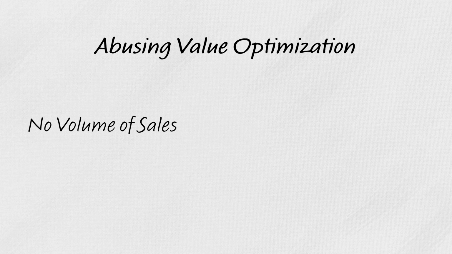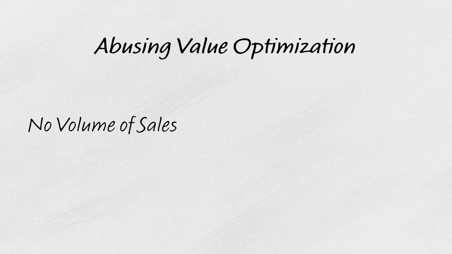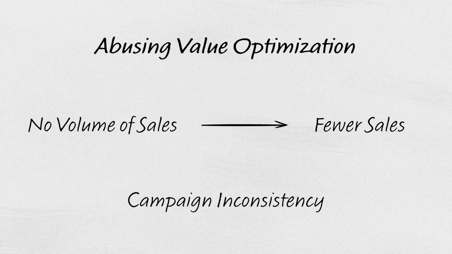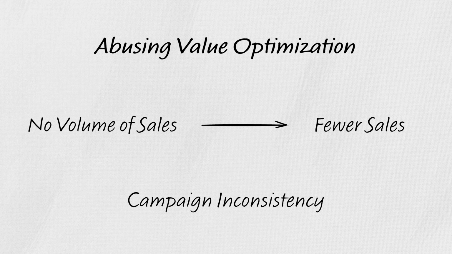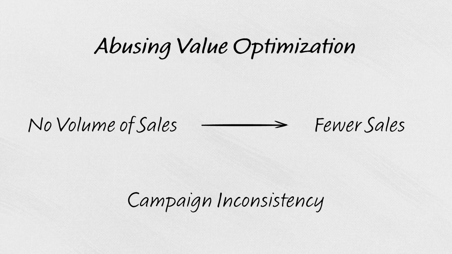But if I do that, it has the opposite effect. It doesn't give you volume of sales, you end up with fewer sales, and not all of the campaigns are following this better AOV thing. So it's actually losing its power, I believe, when you abuse it in the whole account.